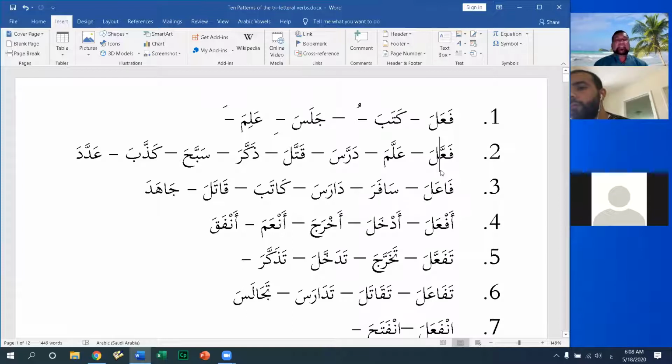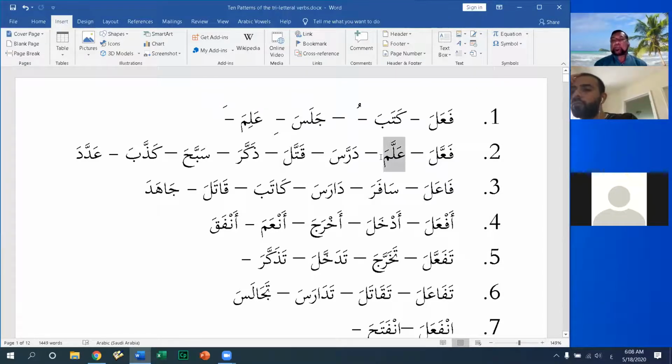So for instance, if we were to take the verb كذب, كذب يكذب, which means to lie, that is intransitive. Or I guess you can say it's transitive. He told a lie. But anyway, if you put it on fa'ala, it means to claim that someone else is a liar. So you make it transitive.